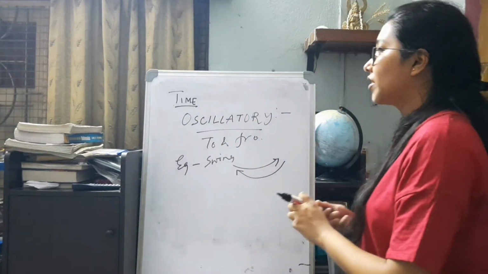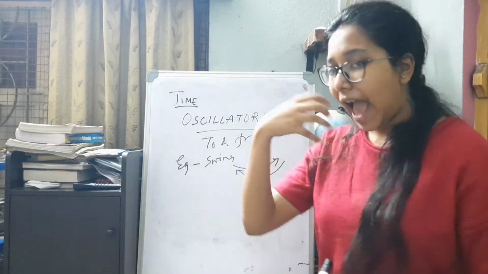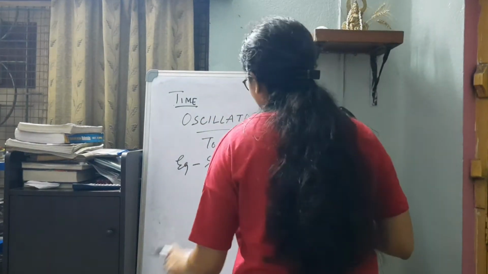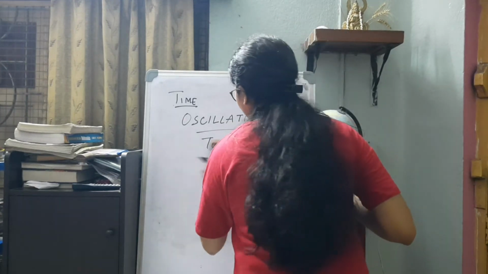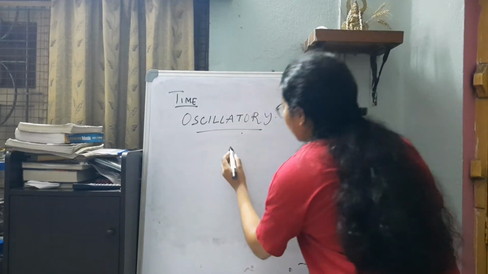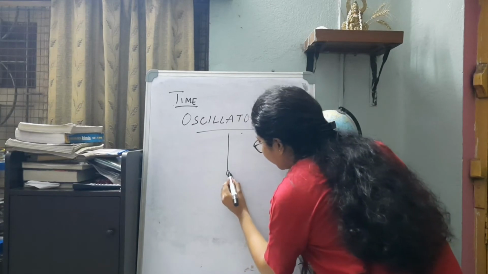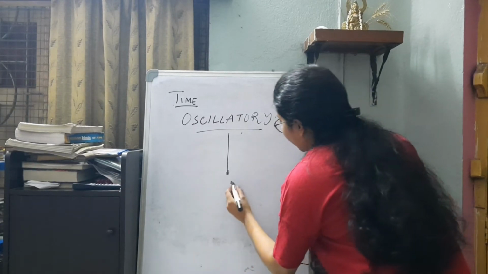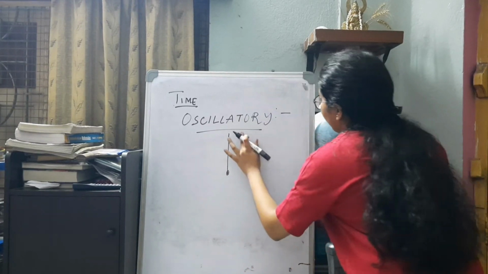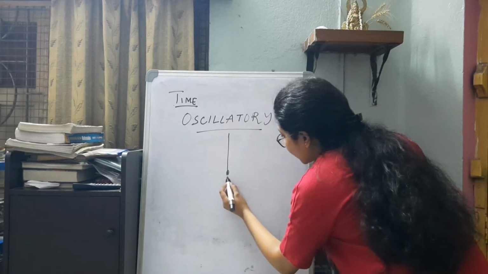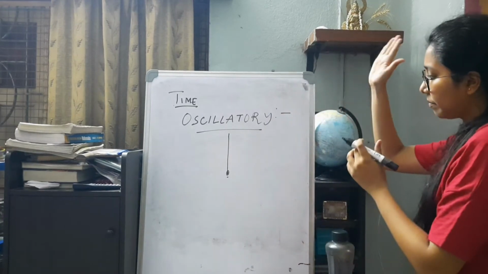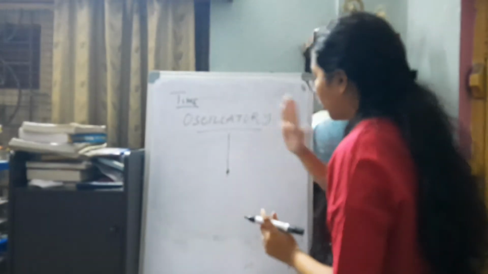Now if we go for the oscillatory motion, we have to keep in mind what the amplitude is. Suppose this is the mean position, where the object, here a pendulum, rests. Mean position means the initial resting position.